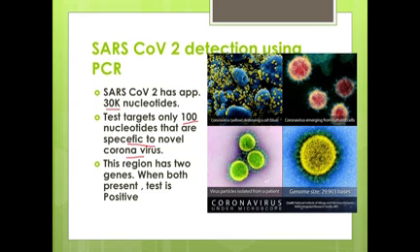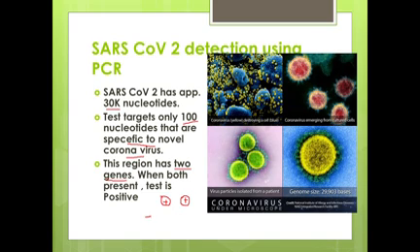This 100 nucleotide long stretch of its genome has two important genes which are very specific to novel coronavirus. If these two genes are present and if we are able to detect them by the PCR after amplification of its genome, then the test is positive.